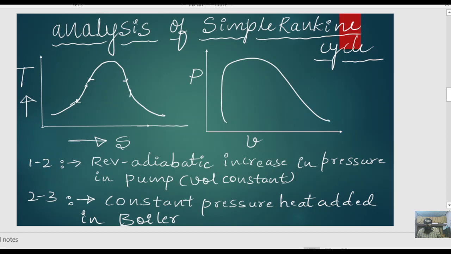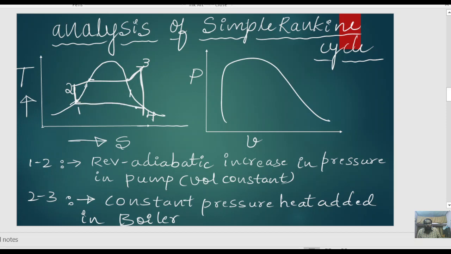The Rankine cycle begins with the pump work, that is 1 to 2, and further 2 to 3 is constant pressure heat addition. In Carnot cycle, it is constant temperature heat addition, but in Rankine cycle, constant pressure heat addition. And further 3 to 4 is turbine work, or isentropic expansion in the turbine.